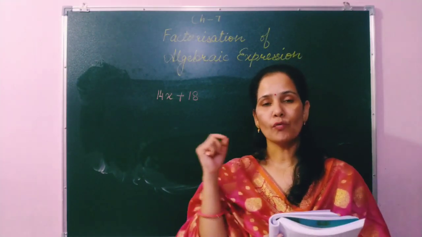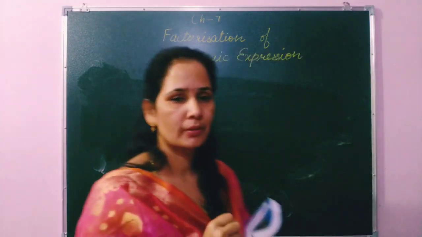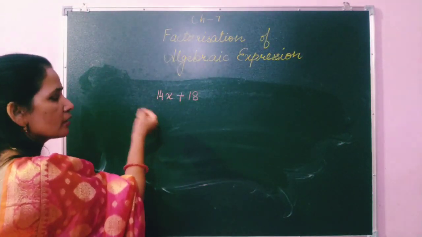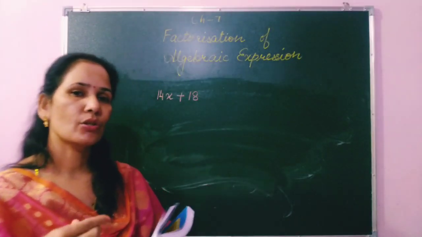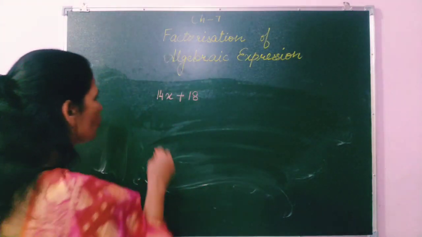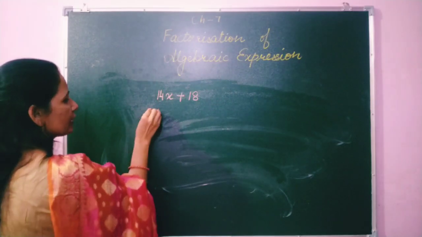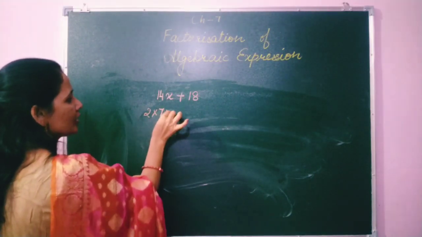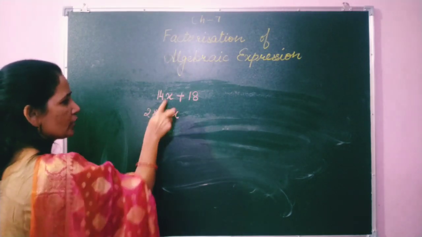So students, to find the factor, first of all we have to make the factors of both terms. In the beginning you can write the factorization, but as you become habituated with more practice, you can easily come to know which number is common without expanding it. 2 sevens are 14 and x. This is the factor of 14x.